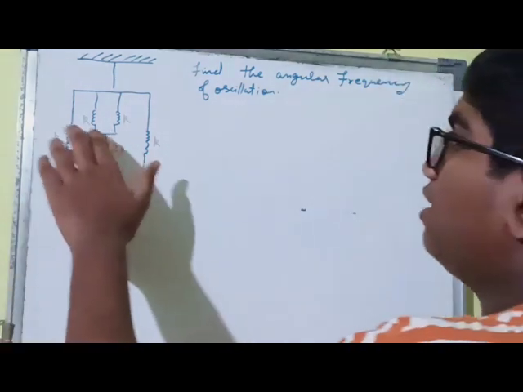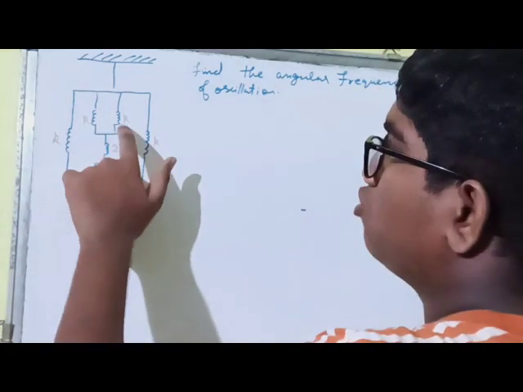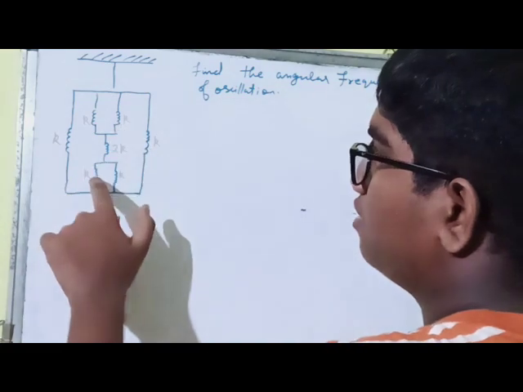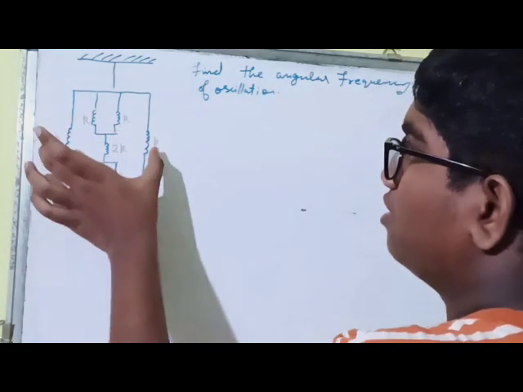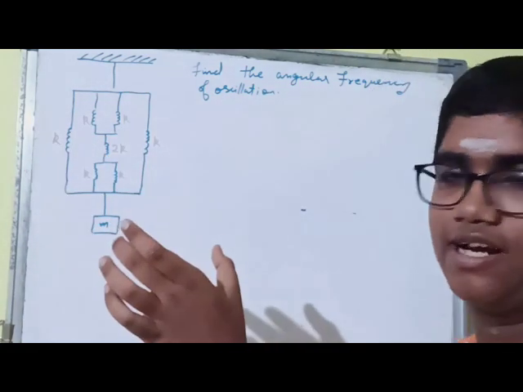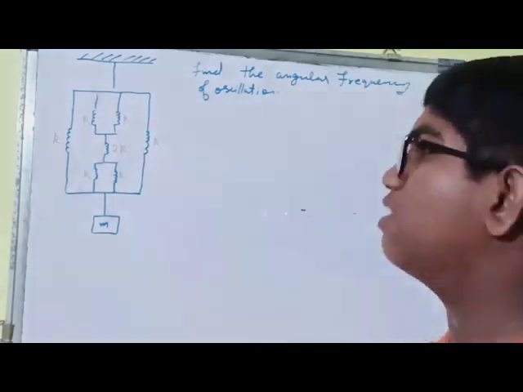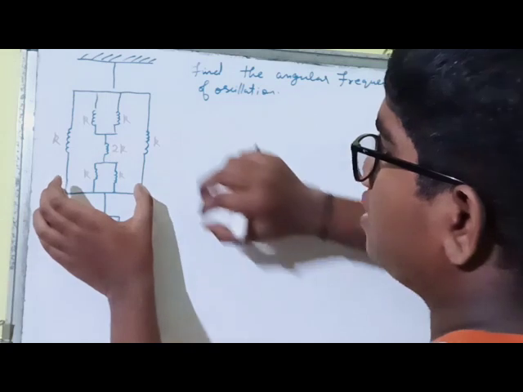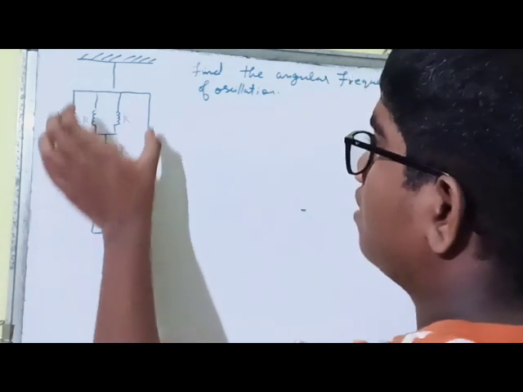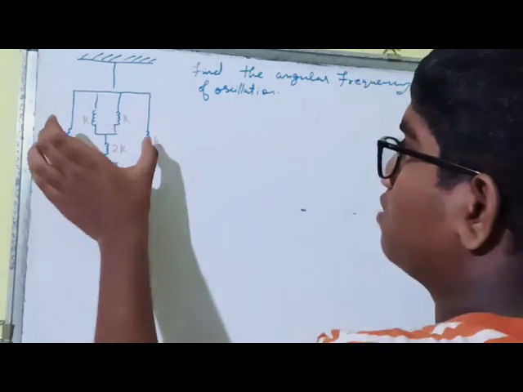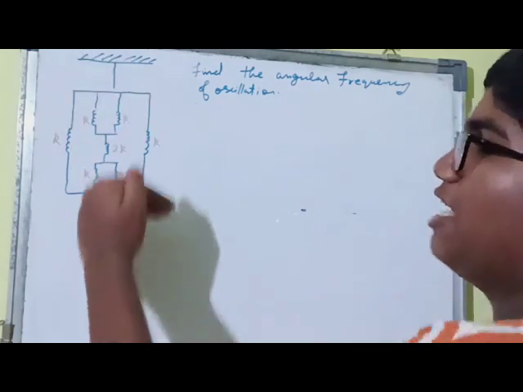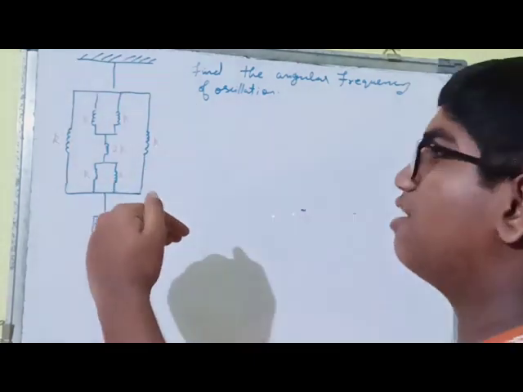Now observing here, we get these two springs are in parallel, these two and those two are in parallel connection, or they are parallel to each other. And what happens because of this? When this mass causes the system to stretch, the springs in parallel will stretch by equal amounts simultaneously.